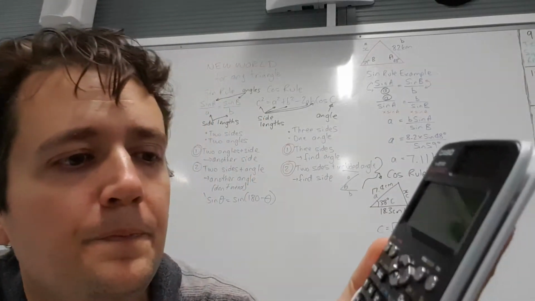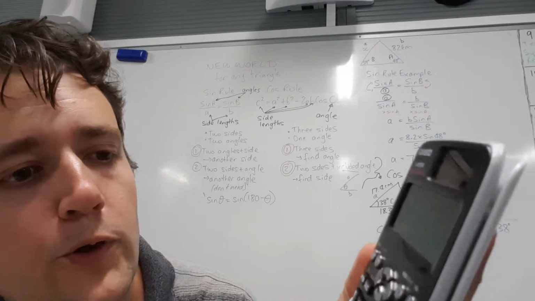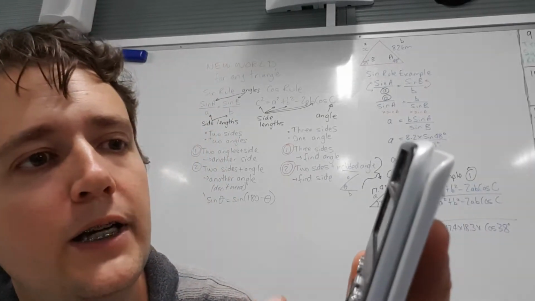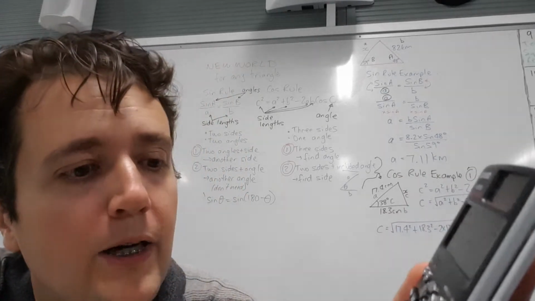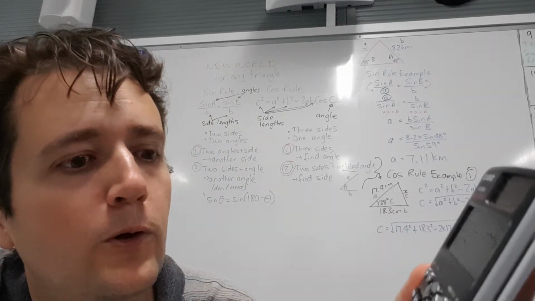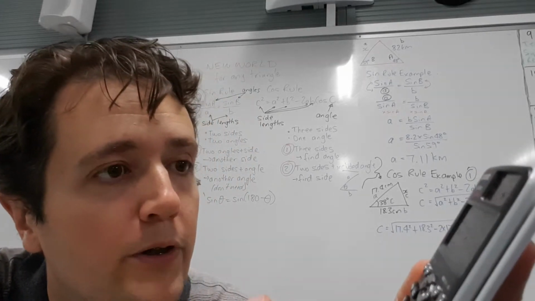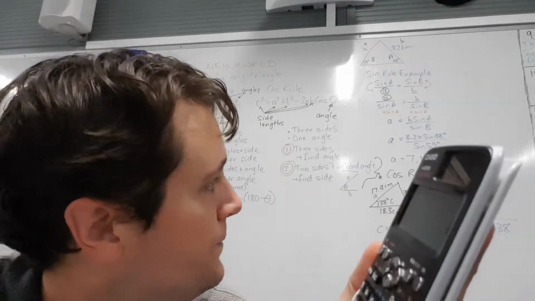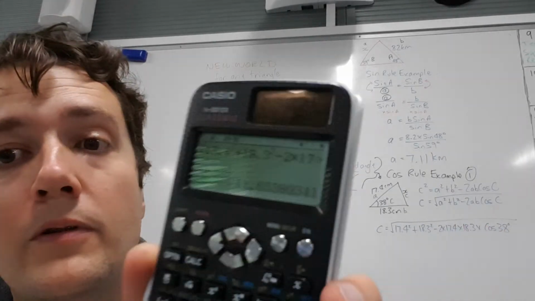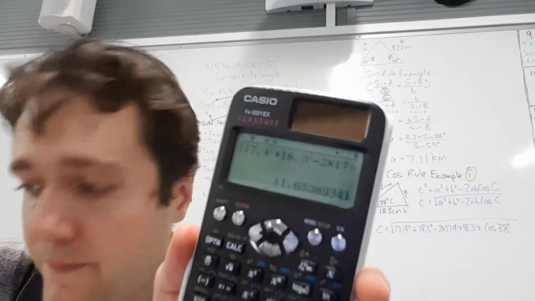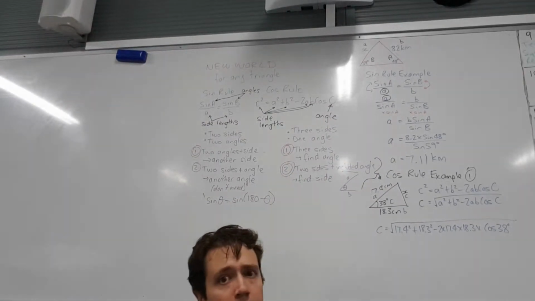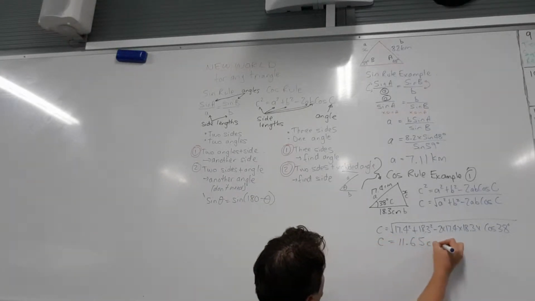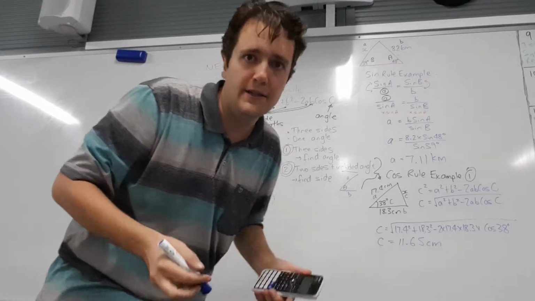So square root 17.4 squared plus 18.3 squared, take away 2 times 17.4 times 18.3 times cos 38, equals 11.65. So there we go. We get C is equal to 11.65, and everything we're dealing with here is in centimetres.